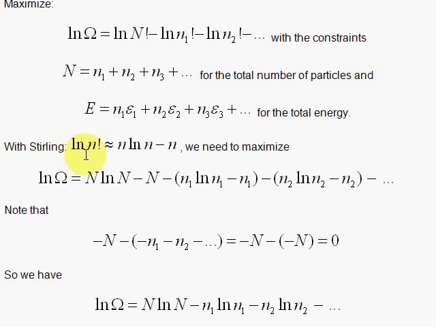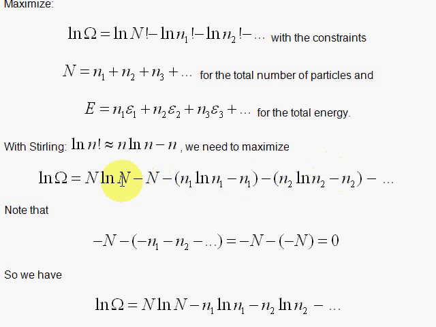We'll use Stirling's approximation for the log of n factorial, and if we do that, we will then get for the log of omega, big N log big N minus big N, and then minus the little guys here, little n's log n minus their n's.